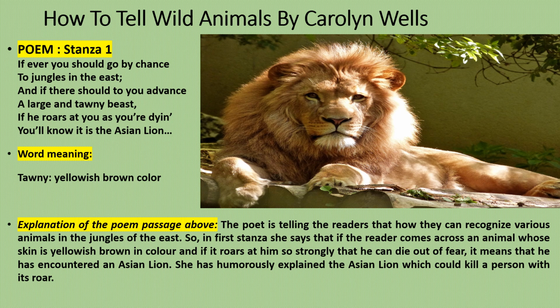If you're traveling to the jungle in the east and you meet a wild animal having a yellowish brown color skin, which is referred to by the word tawny beast, and if this animal roars at you, and just by listening to the ferocious roar, you die, you be sure that you have met an Asian lion.